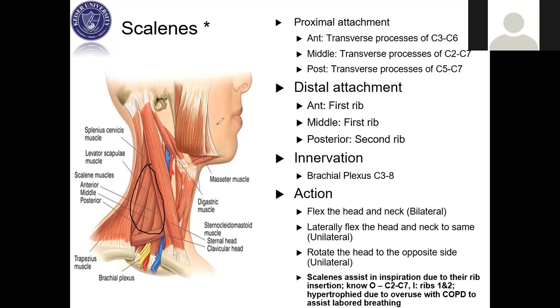But because the scalenes attaches to the ribs, with an insertion point on the first 2 ribs, it has an important aspect for breathing. When we breathe, normally we have this nice, easy in and out, inhalation and exhalation of our breath.